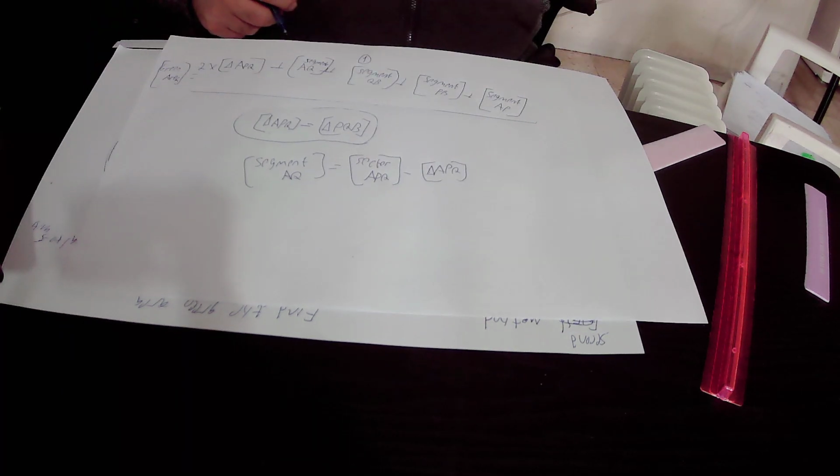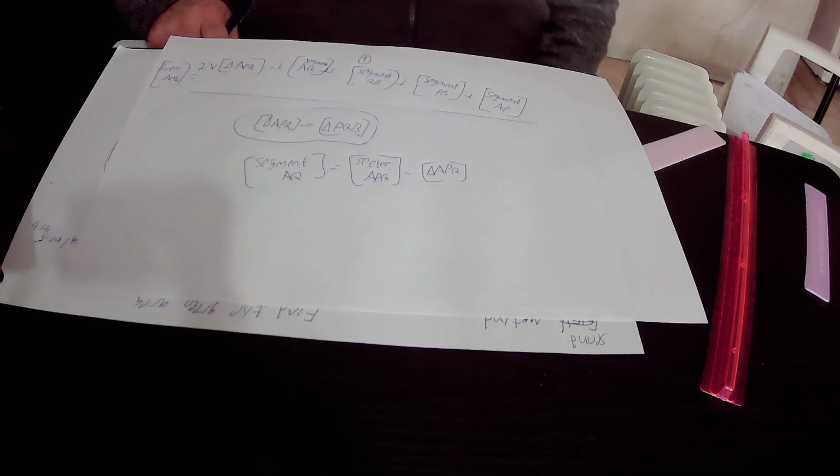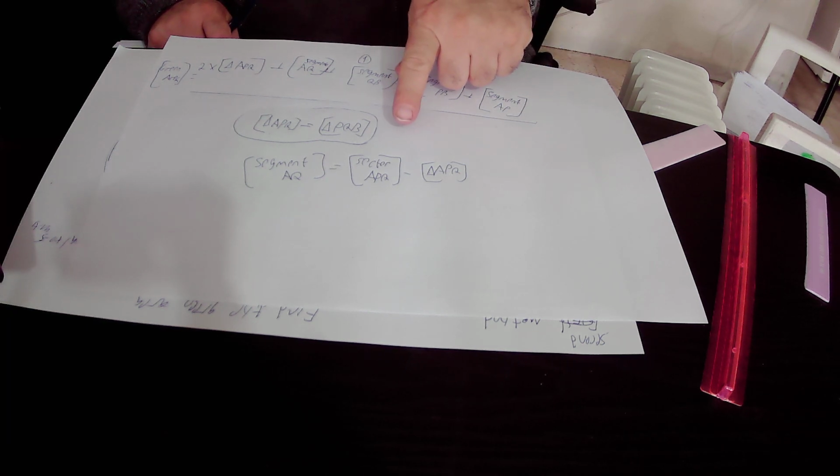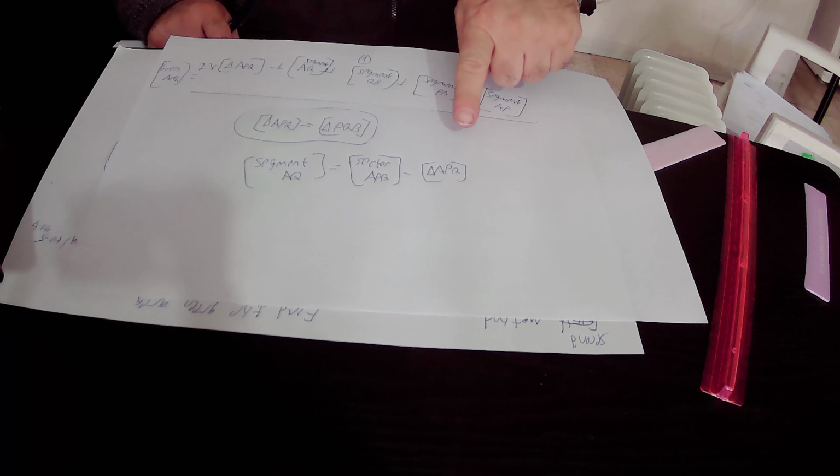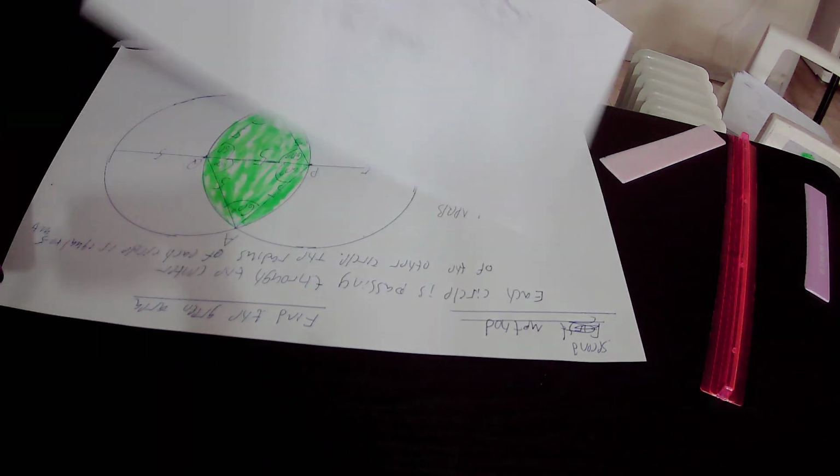I repeat again, the area of segment AQ will be equal to the area of sector APQ minus the area of triangle APQ.